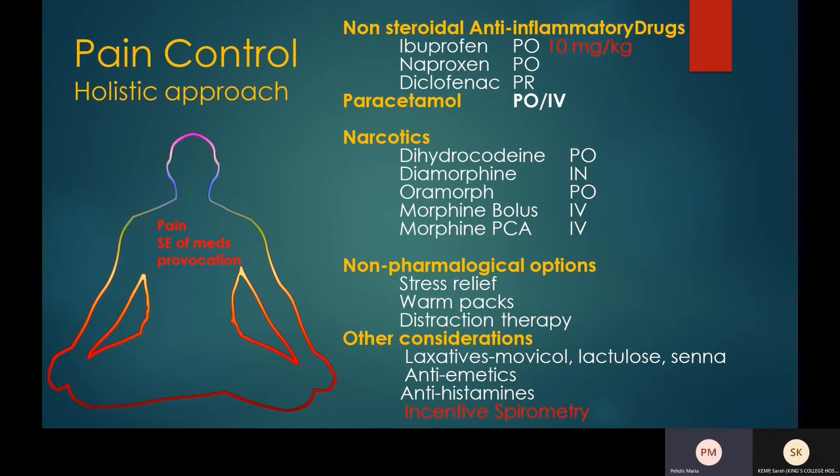And once they have a cannula in place, morphine can be given either as a bolus or morphine PCA. It's always important to try and use some non-pharmacological options, such as stress relief, if possible, warm packs, and some distraction therapy.